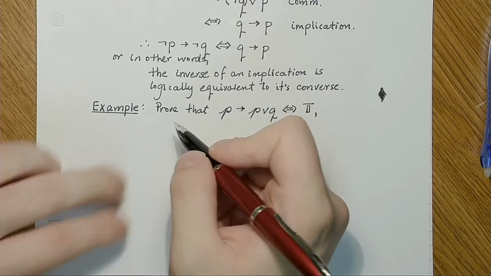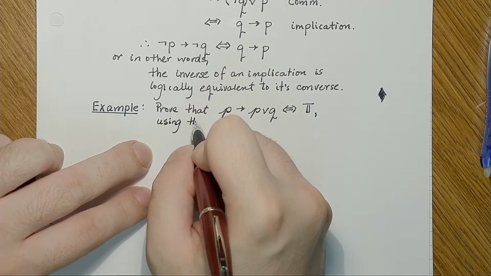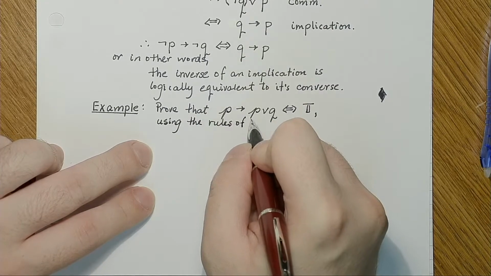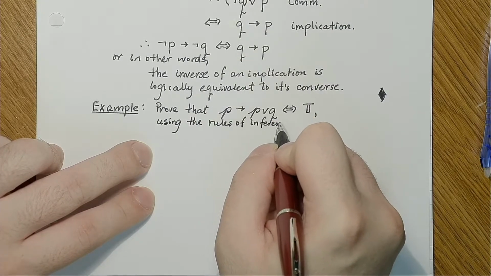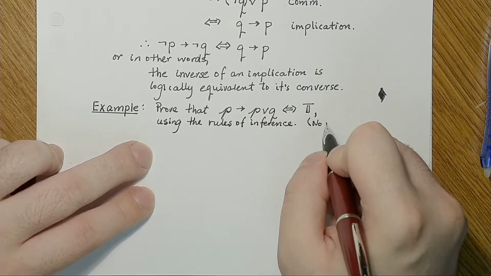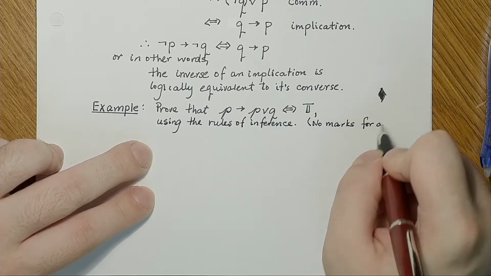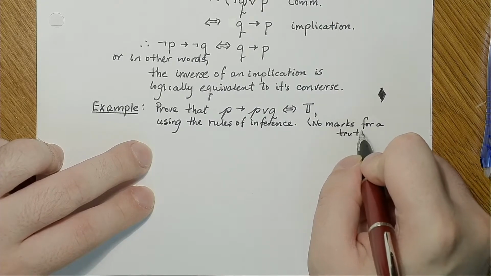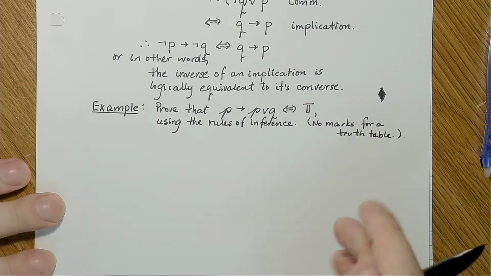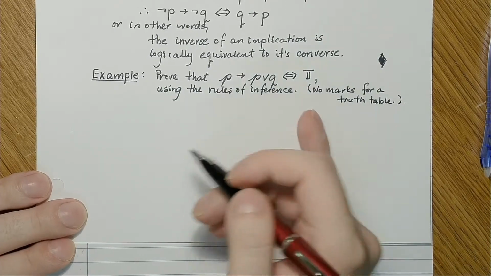And then usually it'll be like, using the rules of inference. And then it would probably be something like no marks given for a truth table. So you have to use the rules of inference.